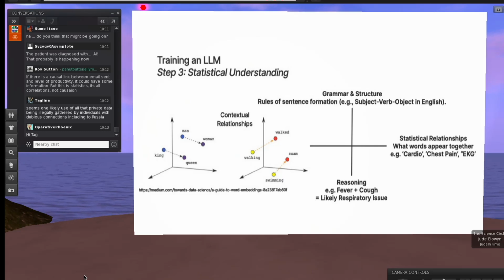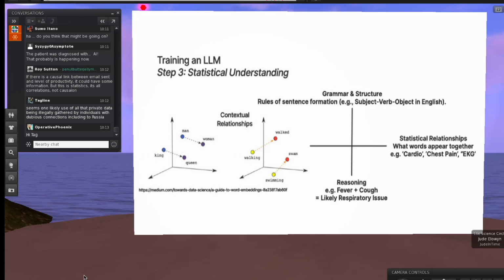You can see a very nice example of that on the left. So for example, man, woman, a king and a queen, what are those relationships, in terms of the gender, in terms of the context, what are those positions, for example.